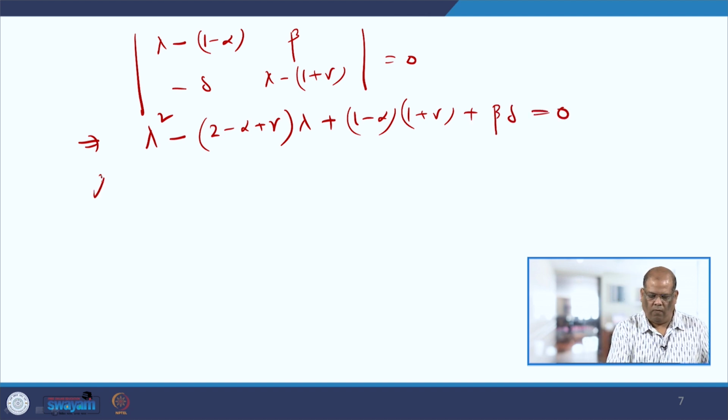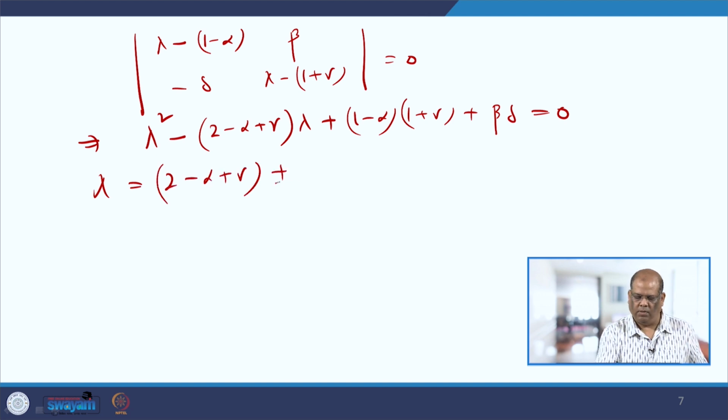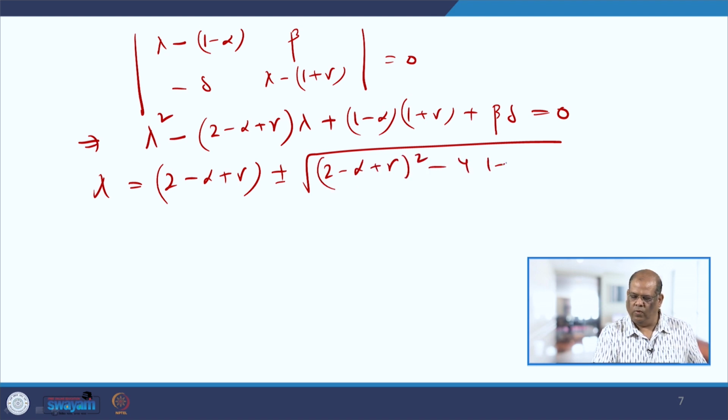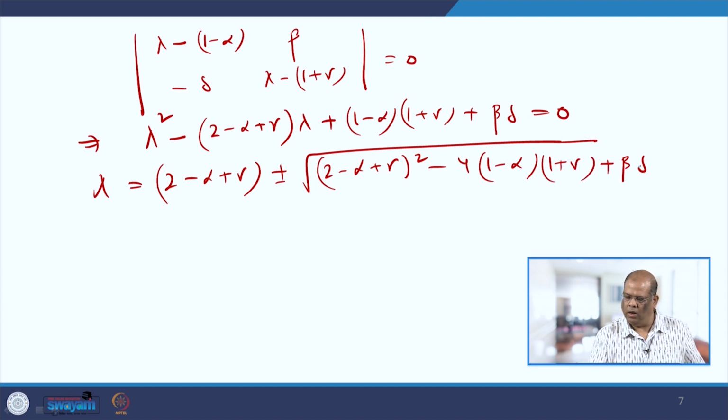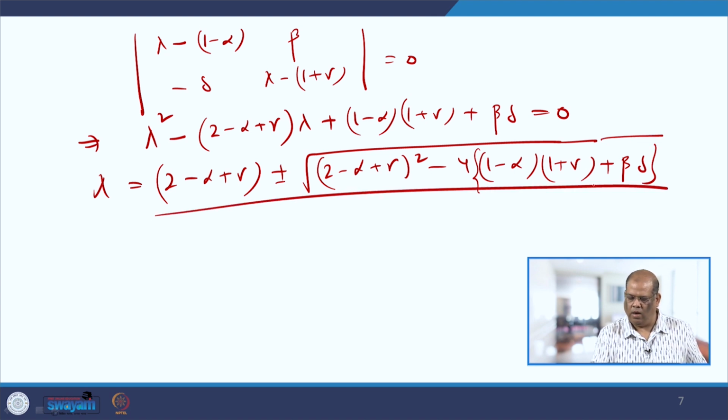So you solve lambda = (2 - alpha + gamma) plus minus square root of b square, that is (2 - alpha + gamma) whole square - 4[(1 - alpha)(1 + gamma) + beta delta], divided by 2.